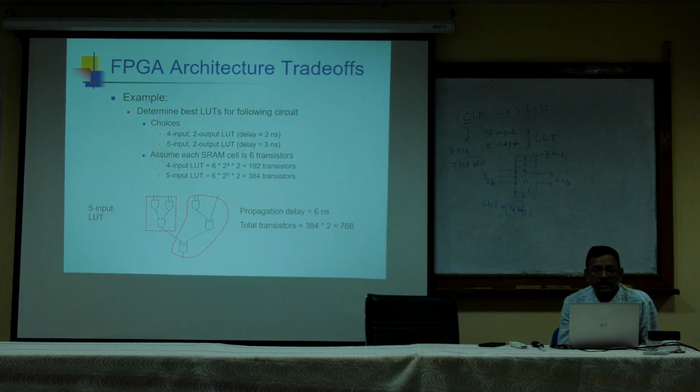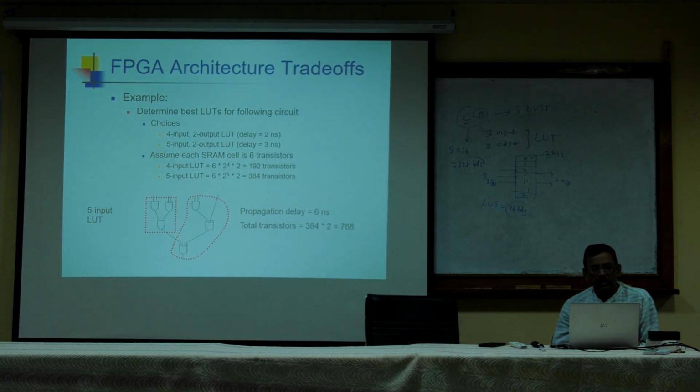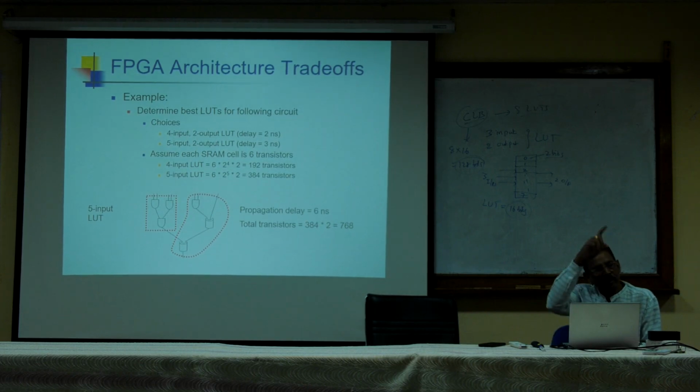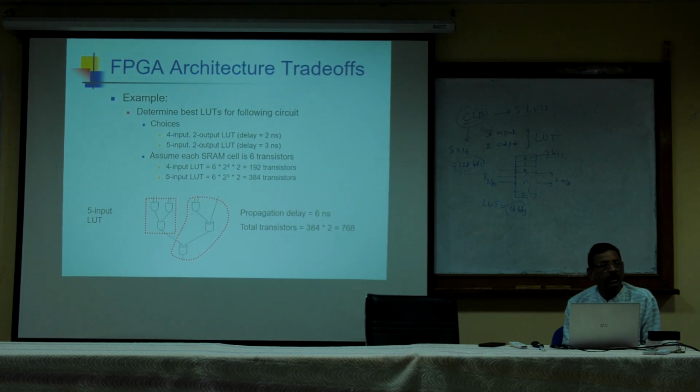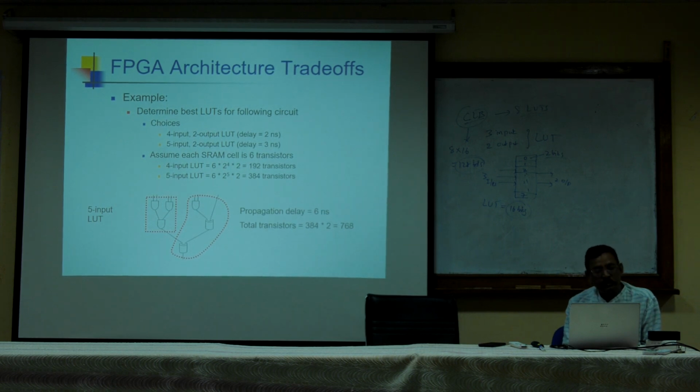Delay is 6 nanoseconds. Why 6 nanoseconds? Not 2, because one output is connected to the input of the other. So this takes 3, this takes 3, first one, this one takes, I think it is not visible.